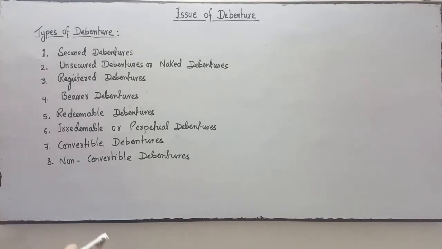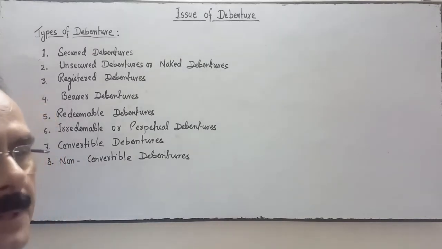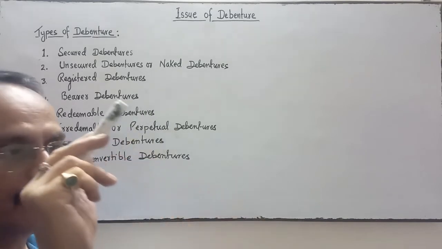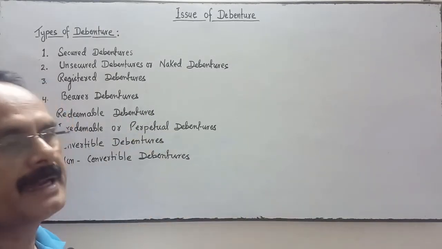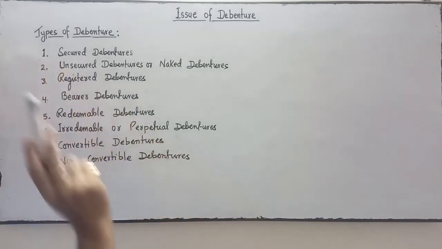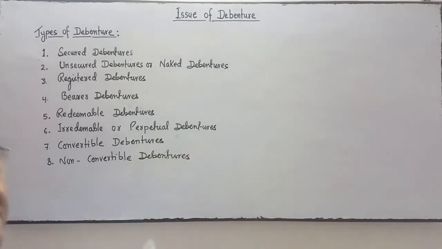Is it clear? When the company is wound up, the amount realized by the sale of assets will be used to pay the secured debentures first. Thereafter, the amount will be paid to the unsecured debentures.